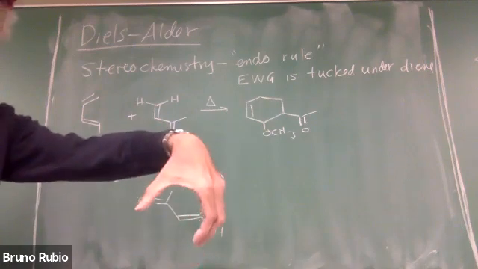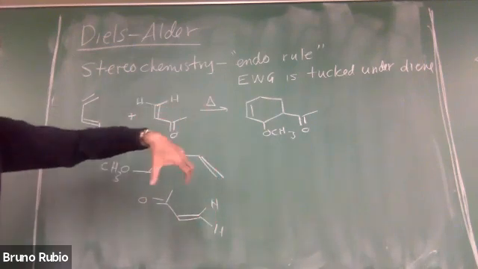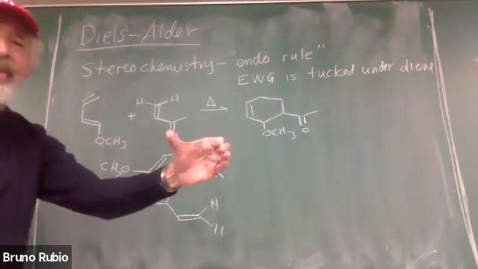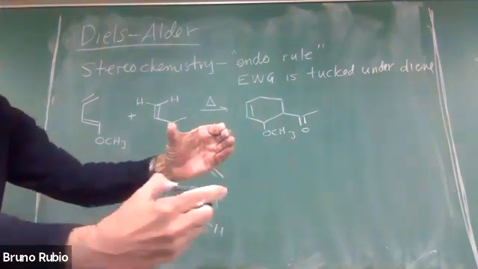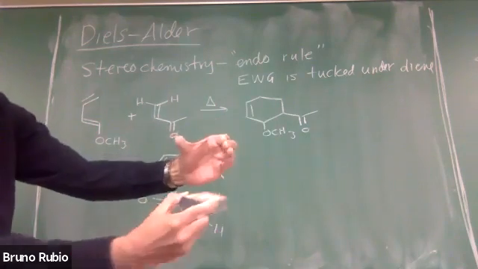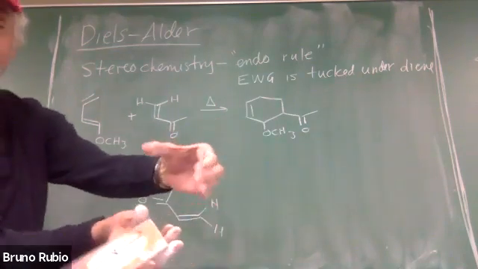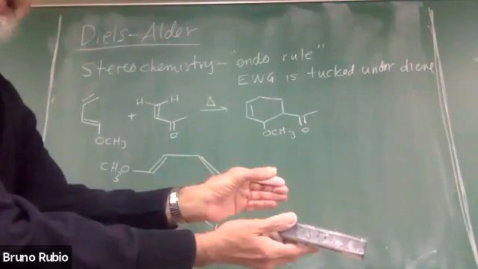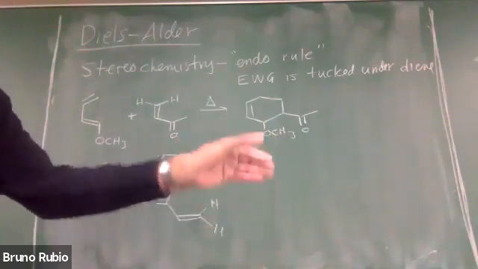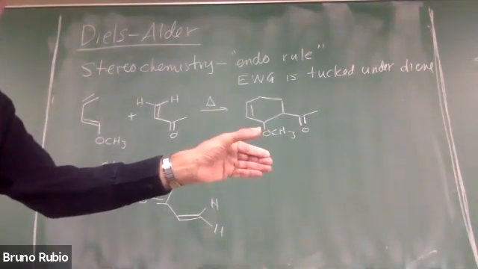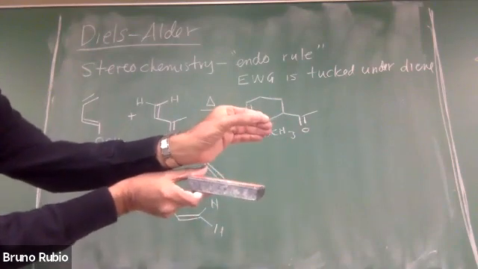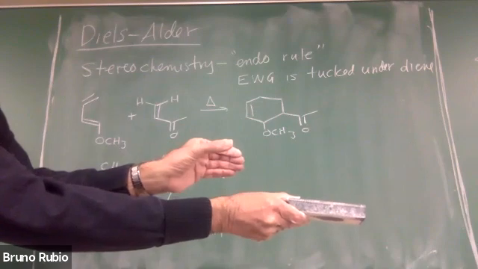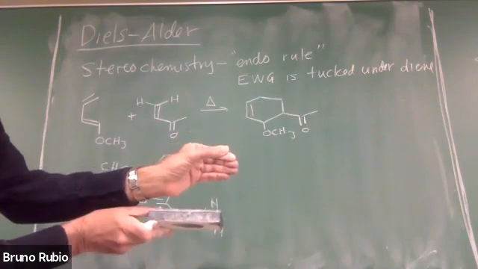There's the C shape of the diene. Here's the dienophile. The dienophile is tucked under. Not like this, but like this. There's the C of the diene. Here's the dienophile tucked under. Not like that. That's not tucked under. Like this, tucked under.